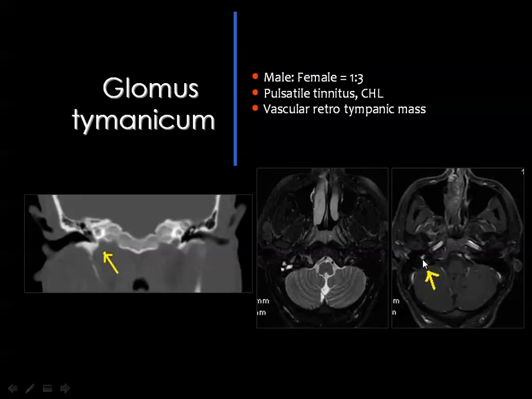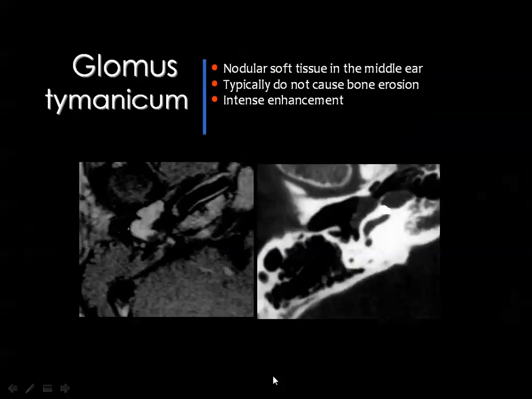And this is the confirmatory test, because you know that cholesteatoma does not enhance, and if the lesion is enhancing like this, and you know that this is a vascular lesion, it will represent the glomus tympanicum. This is another example by CT and MRI T1 weighted image after contrast injection.